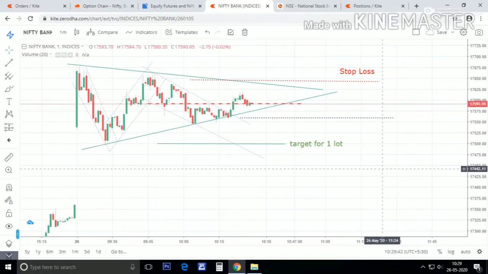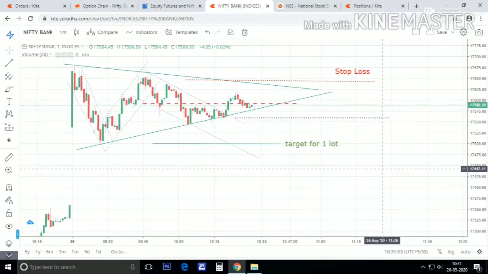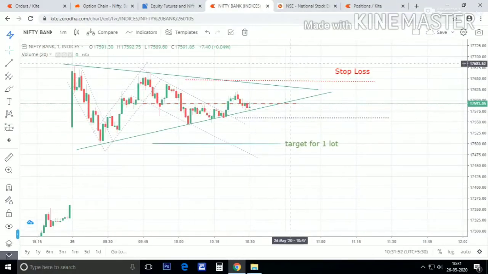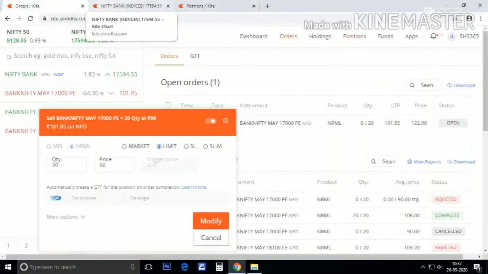Okay, so let's see what happens. It is moving around the edges, so I think it will be around our cost price. So let's see what happens.